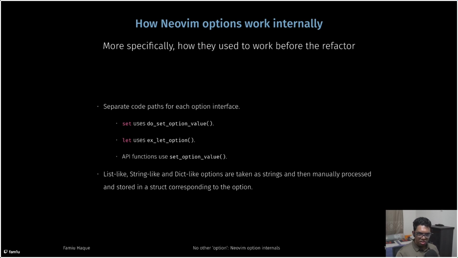They're still processed and then stored in a struct that represents the option, so that it's easier to deal with. For example, fill chars has a struct for accessing each fill char so that it doesn't have to manually process the string every time.